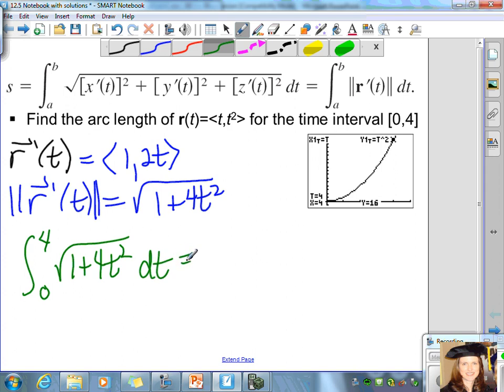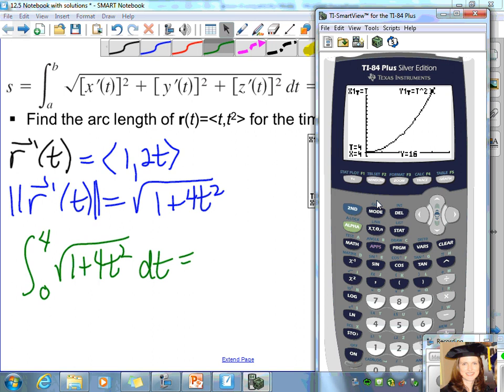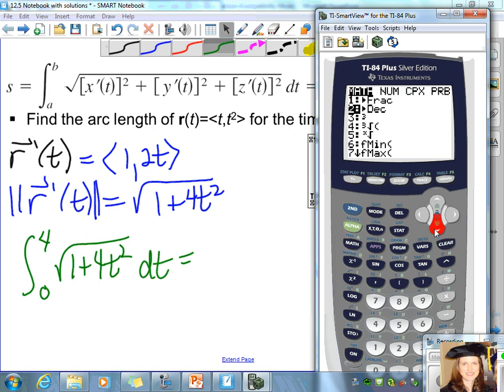Now you can use some advanced integration techniques to evaluate this definite integral, or what I'm going to do is go to the calculator and evaluate the definite integral to get a decimal approximation. To do that, I'm going to choose the option under the Math menu to integrate the function of t.